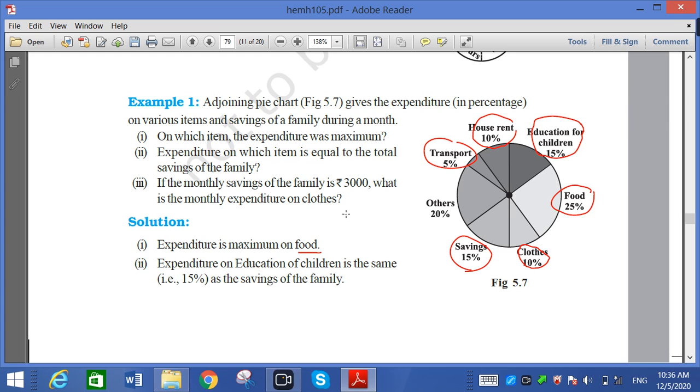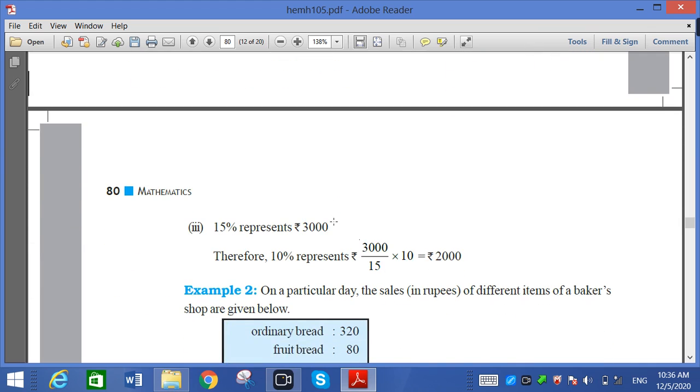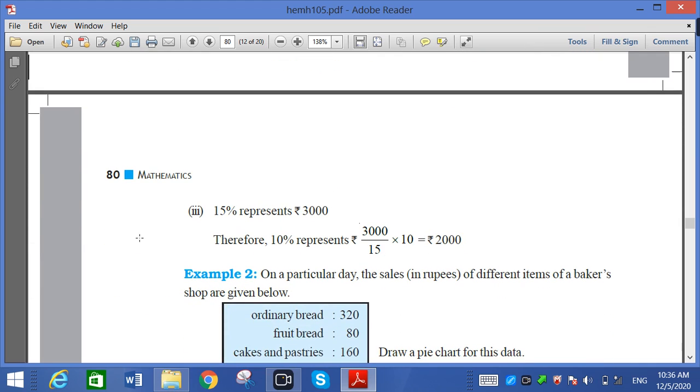That is 15 out of 100. So first of all let us clear this. 15% represents 3000. Therefore 10% represents what?